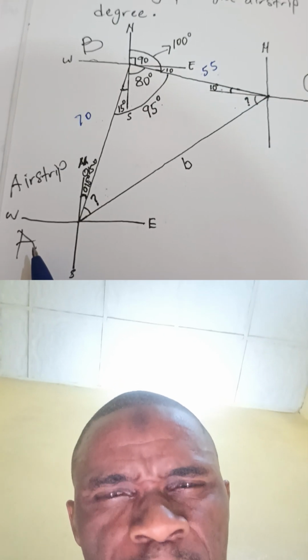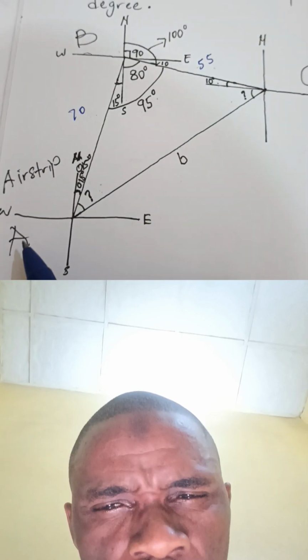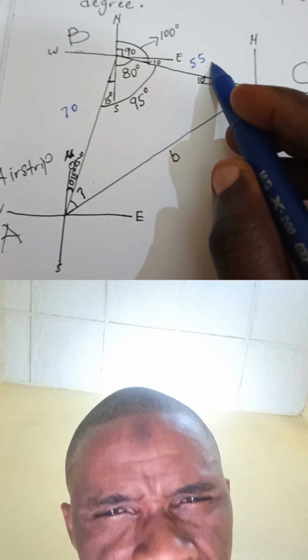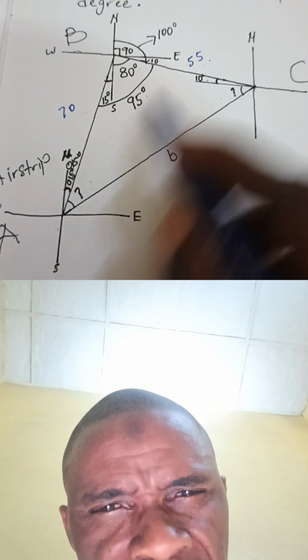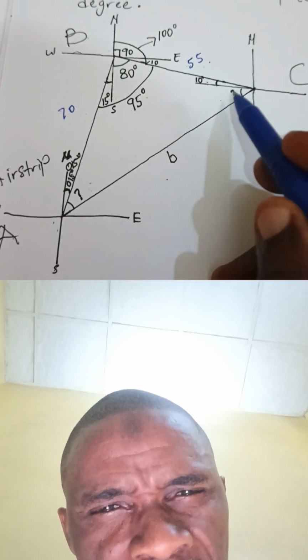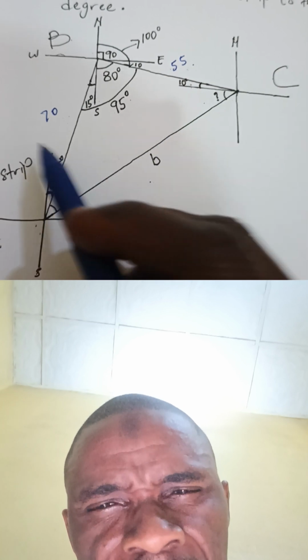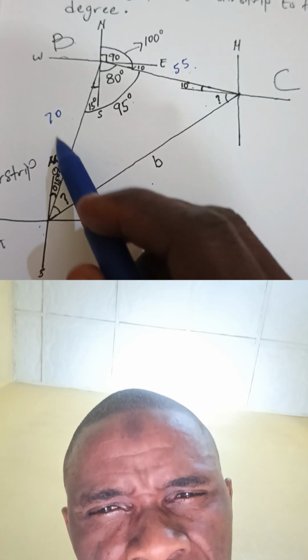Don't forget that I labeled each point A, B, C by myself. This capital letter A has the small letter a, the side that faces it. B is the side that faces, which is where they ask us to find, small letter b. C has the side that faces it, small letter c.